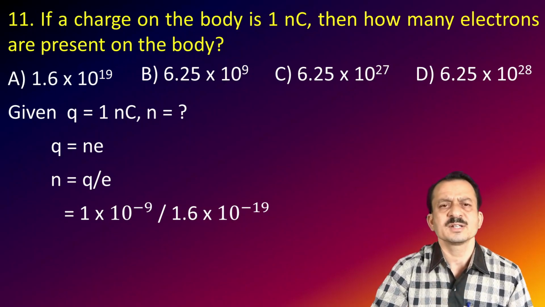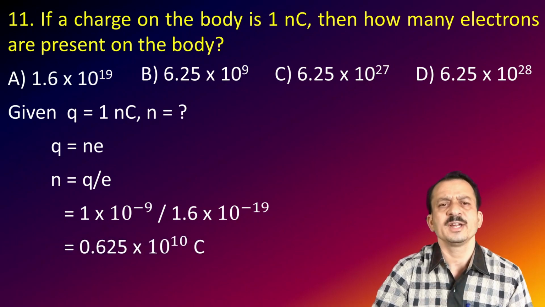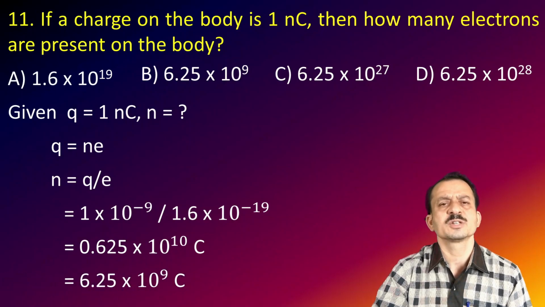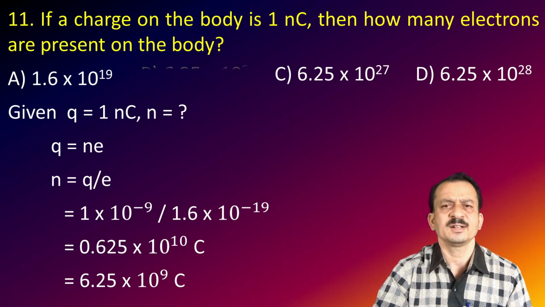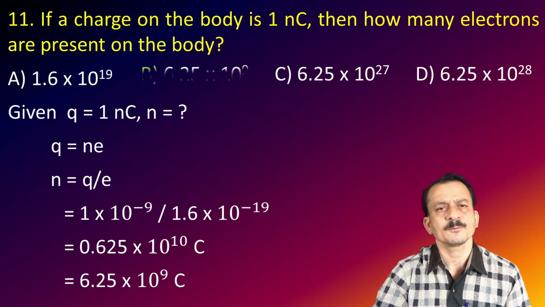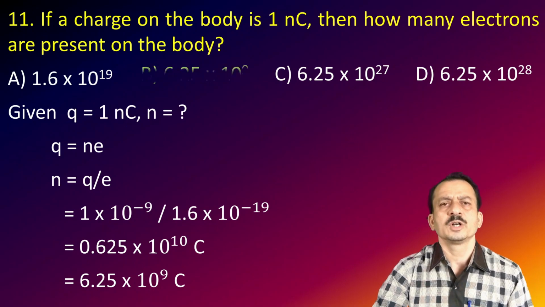Now 1 by 1.6 is 0.625, into 10 to the power of minus 9 plus 19, which is 10 to the power of 10. Now if I write it in scientific notation, the number becomes 6.25 into 10 to the power of 9. Therefore B is the right answer. Move on to the next problem.